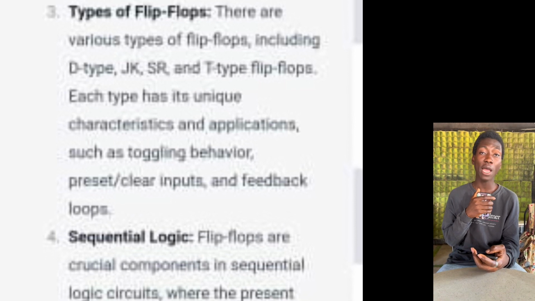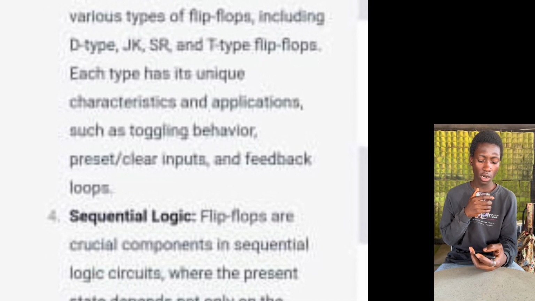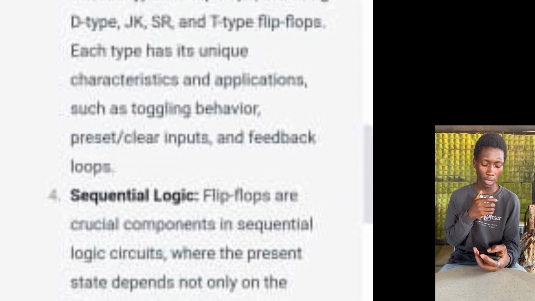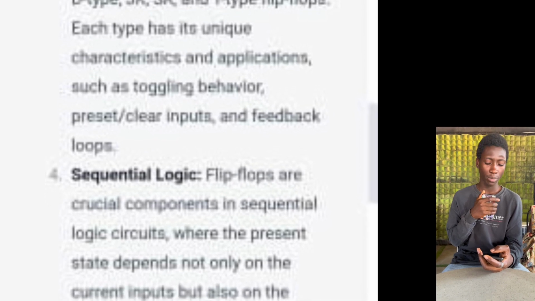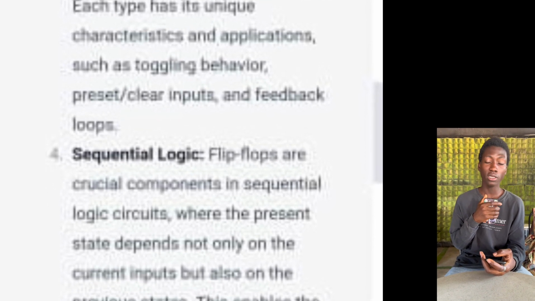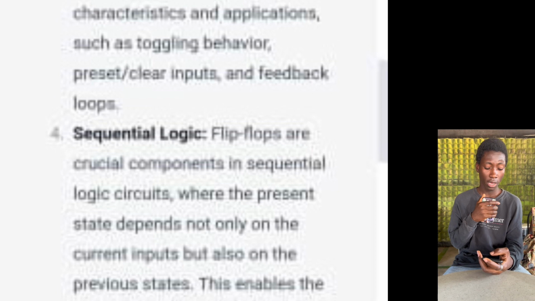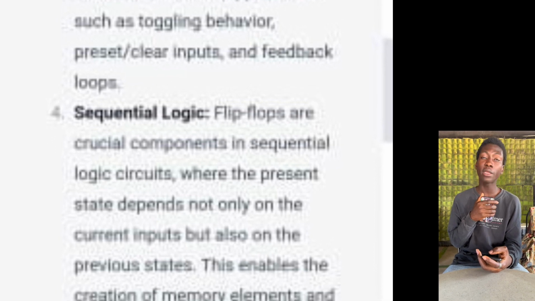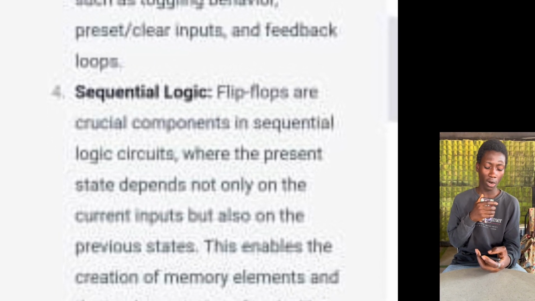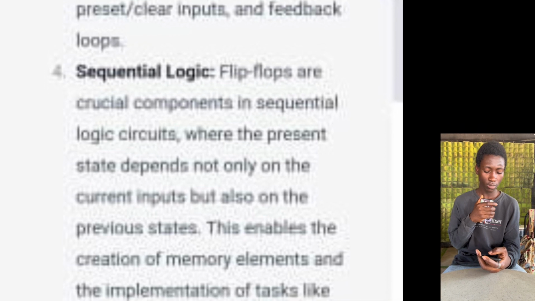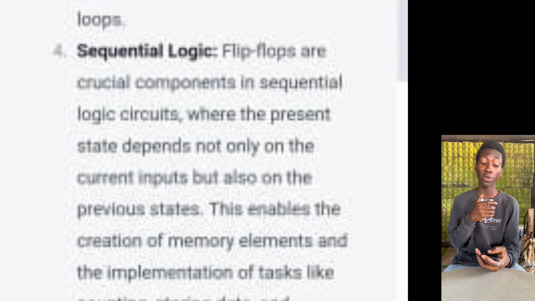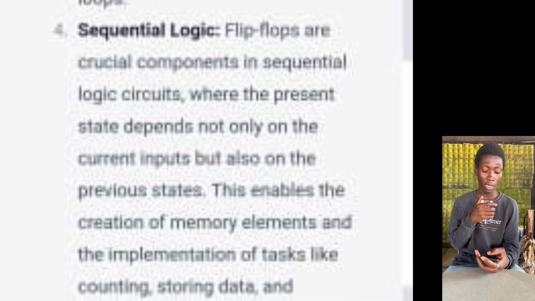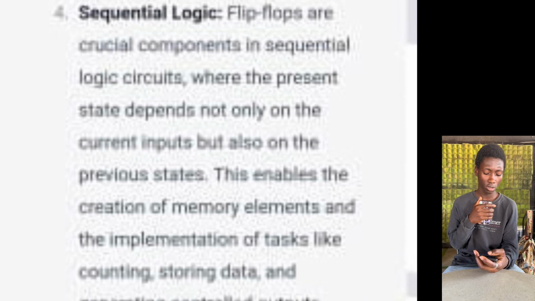Point 3, types of flip-flops. There are various types of flip-flops, including D-type, JK, SR, T-type, etc. Each type has unique characteristics or functions, such as toggling behavior, preset, clear input, and feedback loops.